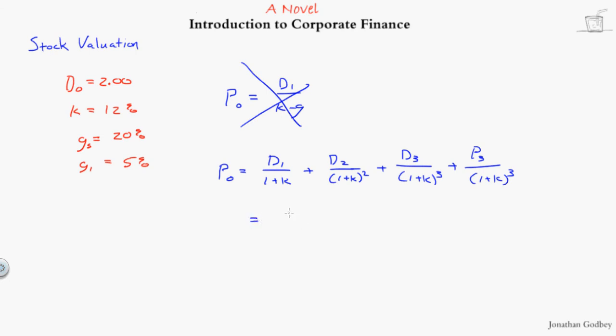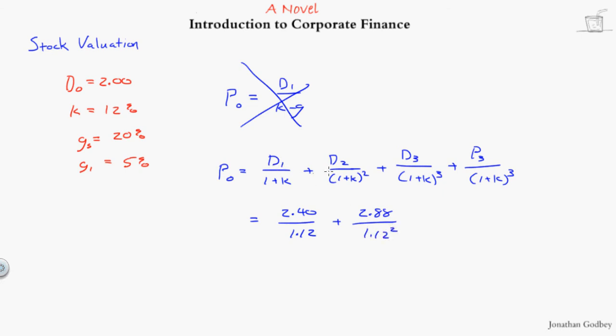So what I have here is $2.40 divided by 1.12 plus $2.88 divided by 1.12 squared.